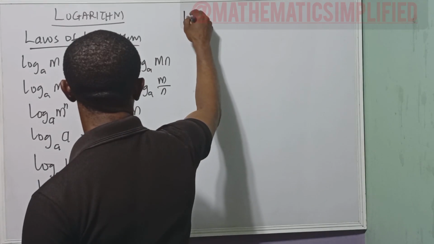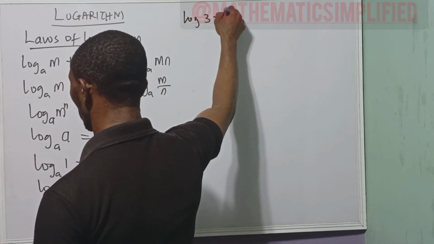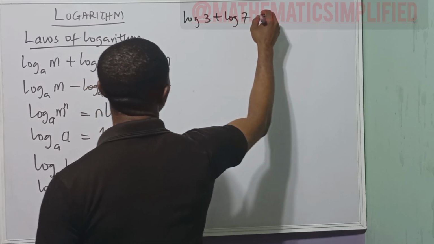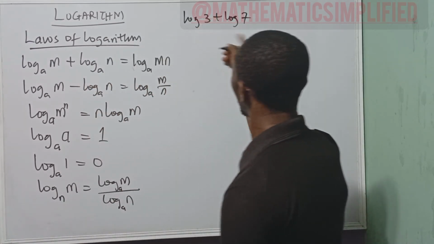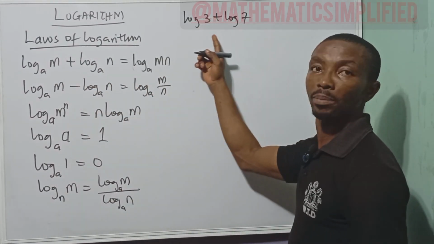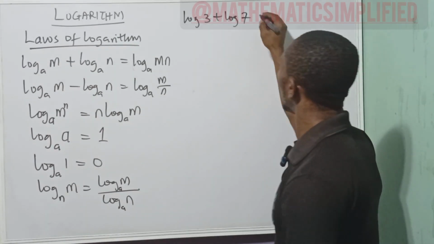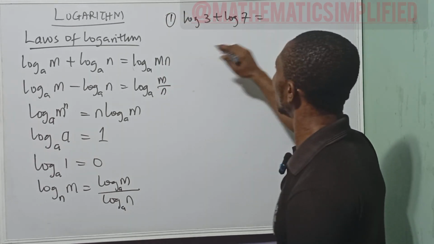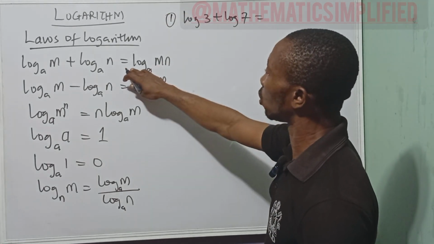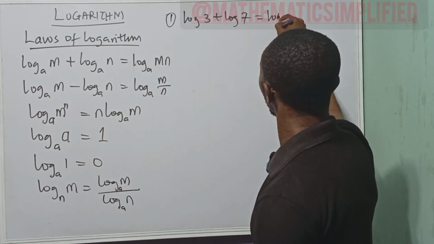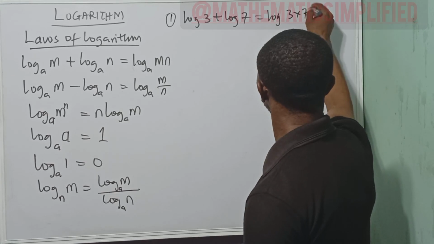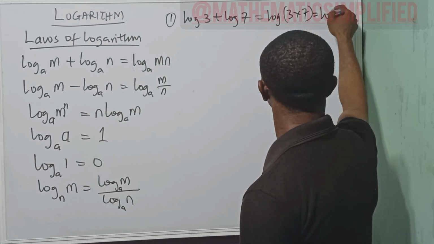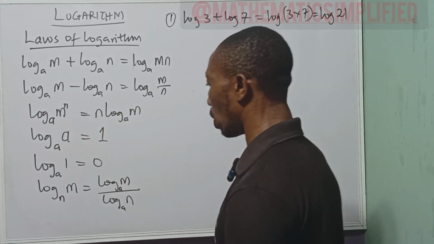Now let's look at log 3 plus log 7. We assume that both are in the same base, base 10. Example 1, applying our first law, this becomes log 3 times 7, which will give us log 21.